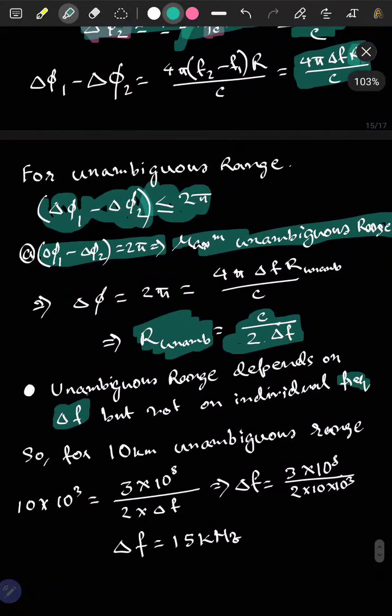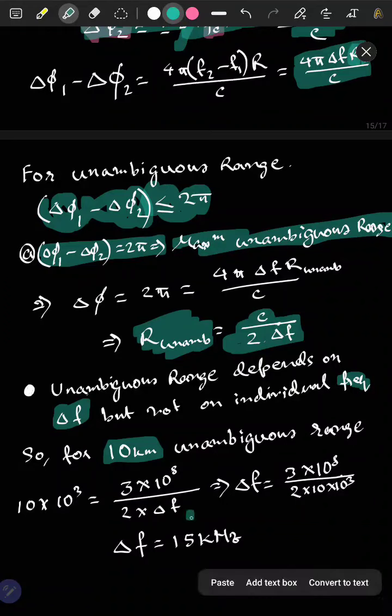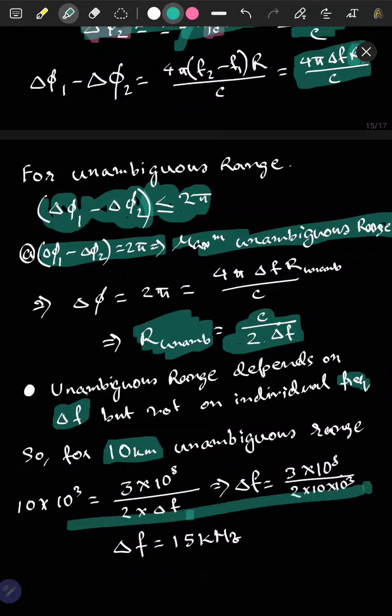Now let us take an example. For a 10 km unambiguous range, what will be the delta f required? If we compute, we find that it will be only 15 kHz. And if our delta f value is lower, our unambiguous range can increase.